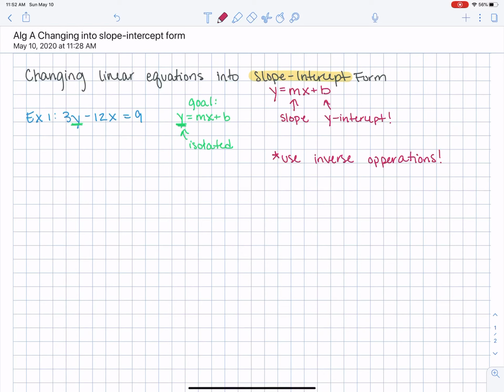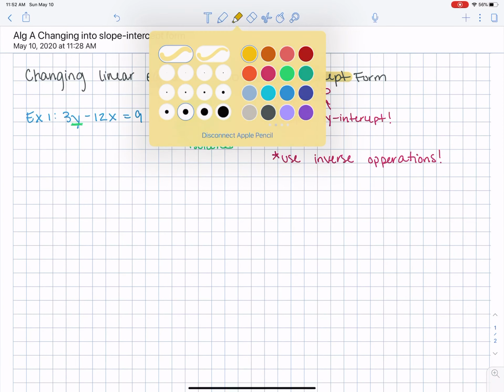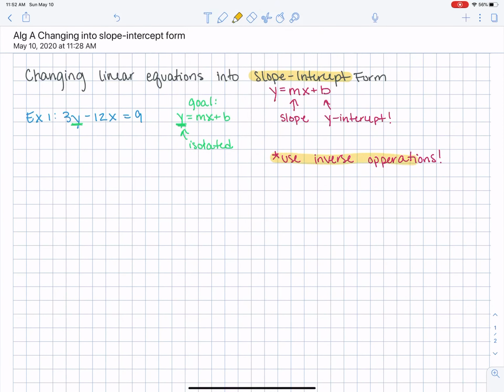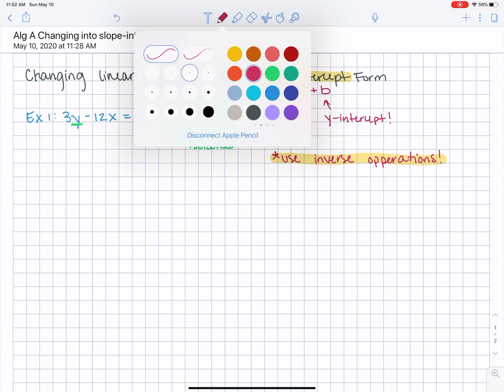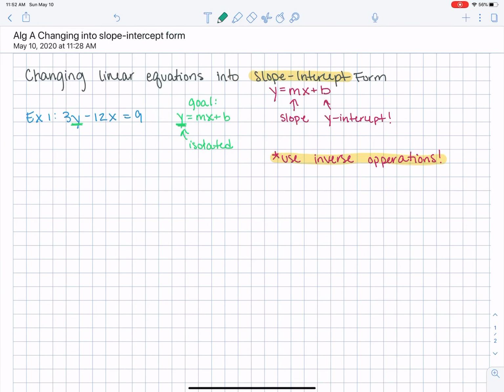Those inverse operations, if we remember, are the opposite of what's going on. So I have 3y minus 12x. Now I said minus, so I need to do the opposite of that. The opposite of minus is plus 12x.